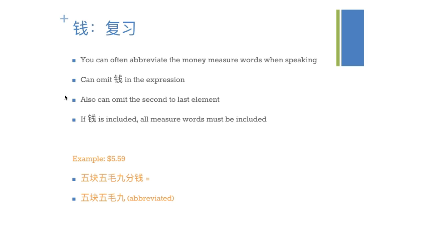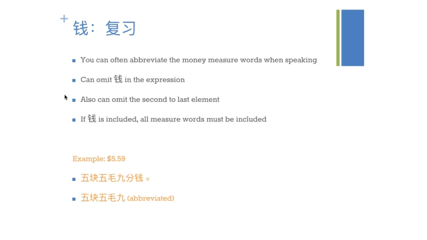And the details, to be honest, are not really that important, and even many Chinese speakers are confused how exactly they work. But I'm going to go into it anyway because why not? So over the next couple of minutes, I'm going to talk about some of the very specific details of how money is counted. If you're interested, keep on watching. You can also read the relevant section in the grammar part of Lesson 9 in your textbook.